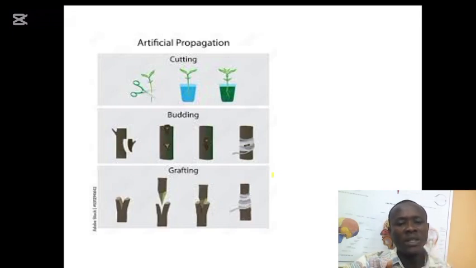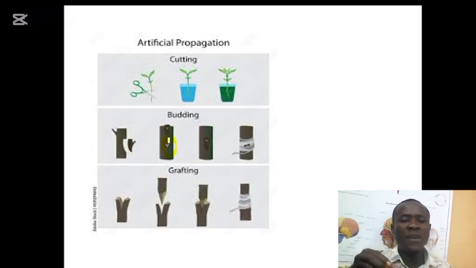And we have budding. In budding, you remove part of a plant, and that part which you are going to remove is what we call the bud. You prepare a T shape like we have here, and you insert it into it. Now, when you insert it, what will happen?